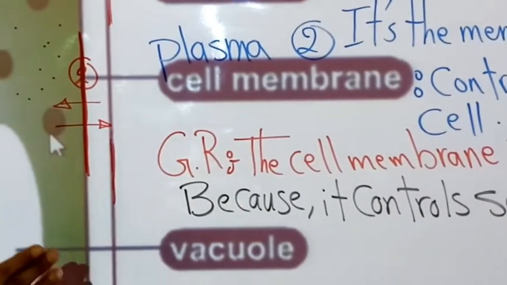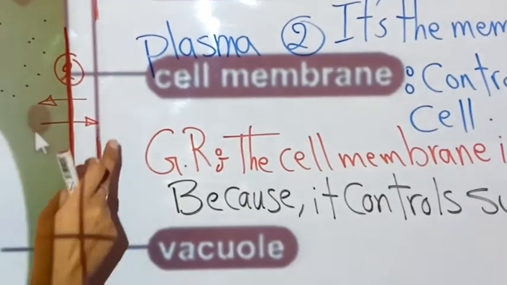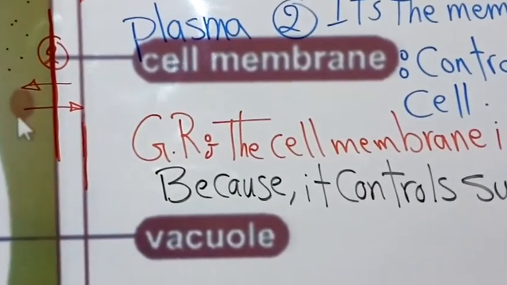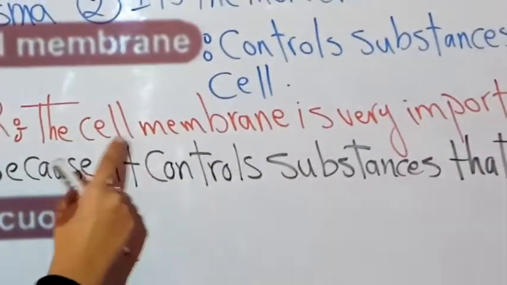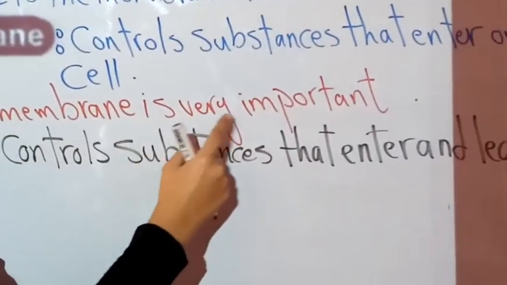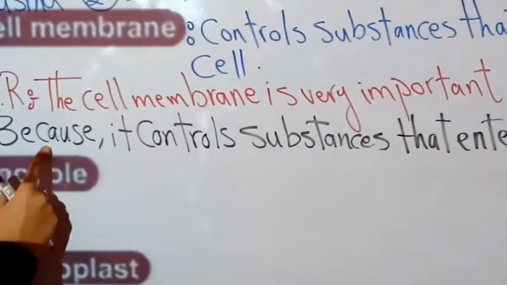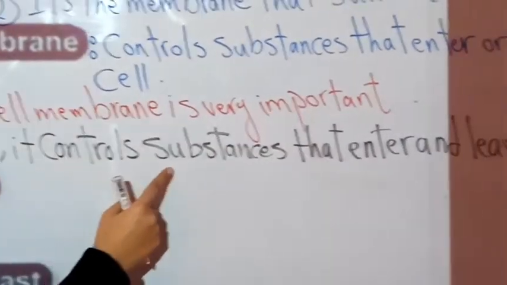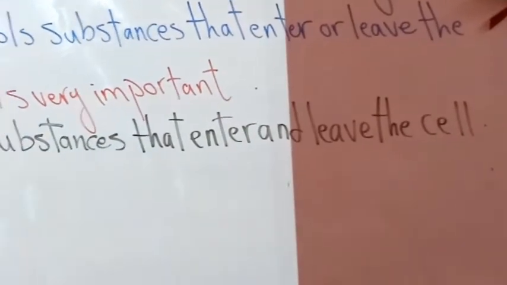It controls when it will enter or when it will leave the cell. Here I have a second reason. The cell membrane is very important. Why is the cell membrane very important? Because it controls the substances that enter and leave the cell.